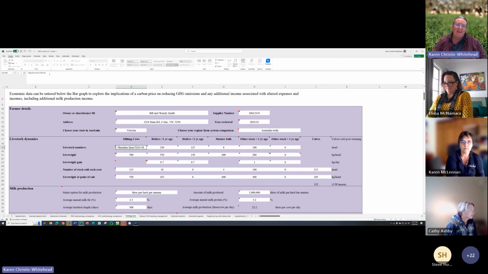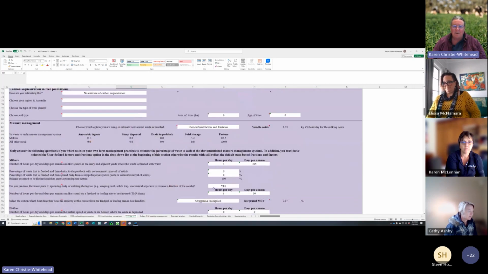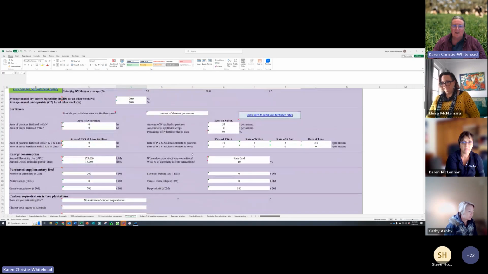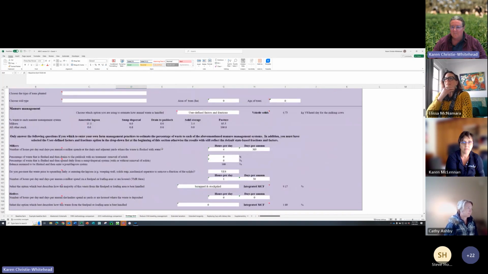So I'm saying instead of milking 450 cows, we're milking 400 cows. Assuming everything else stays the same, and they're staying the same because all the cells are remaining white, whereas this cell has gone red to indicate there has been a change.